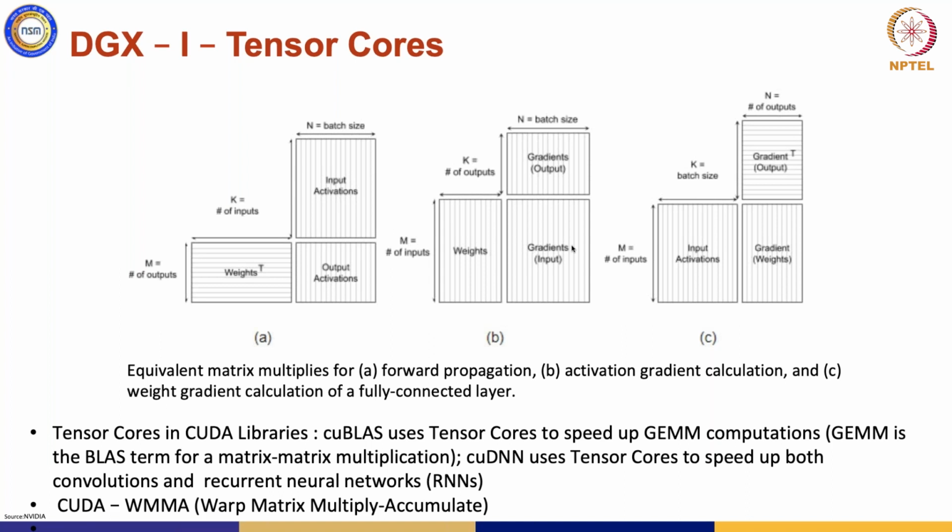So this is how you could start using tensor cores for your own application development. And then there is something called CUDA warp matrix multiply accumulate, or WMMA. This will help you to use tensor cores very fast.